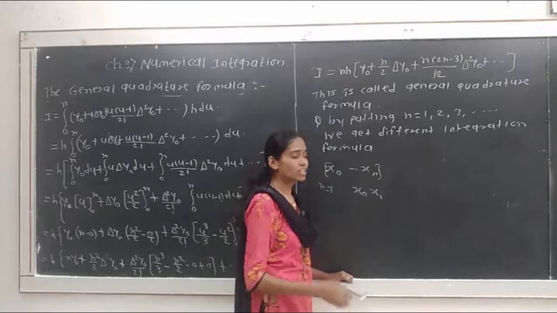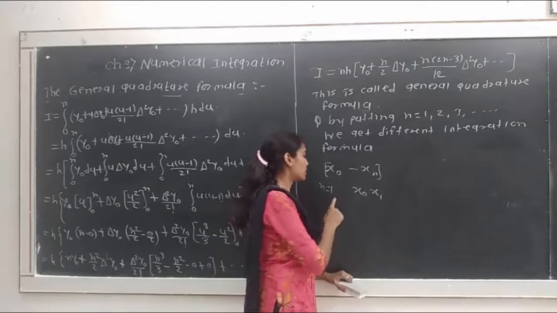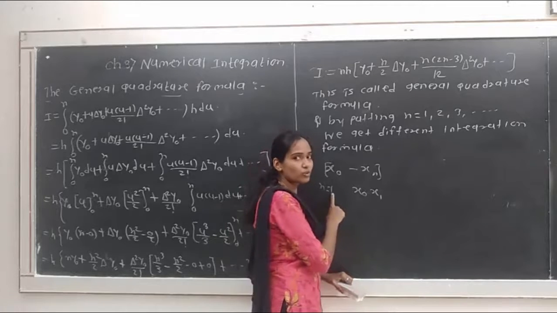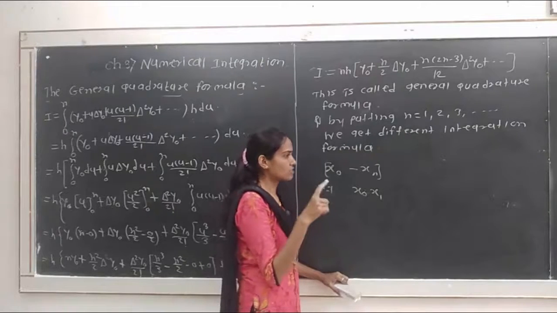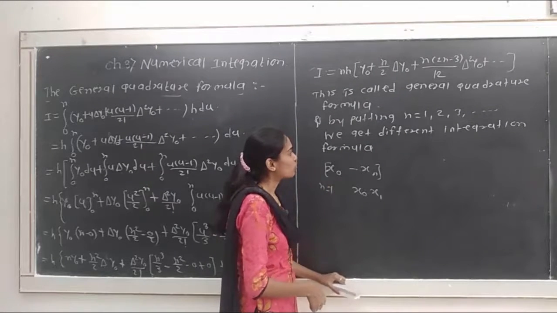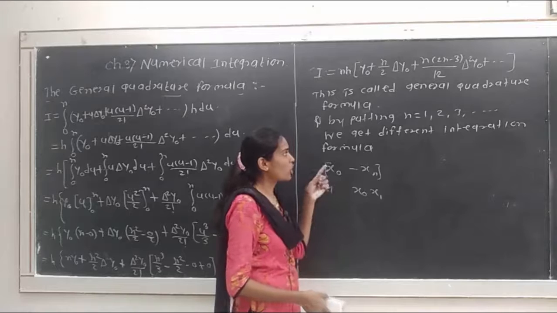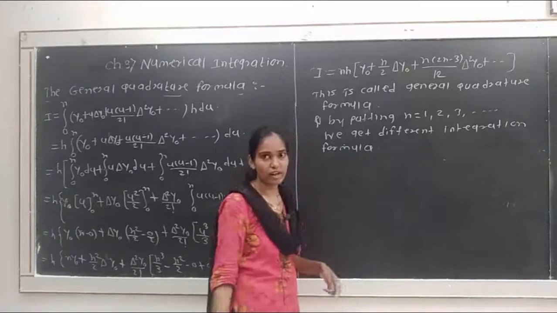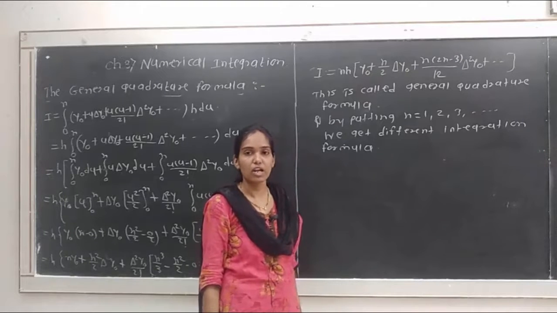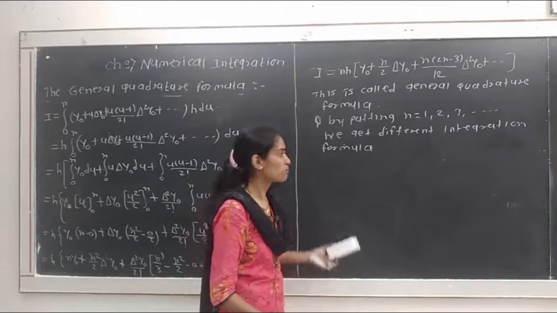That is, we consider intervals of length n is equal to 1, a single strip x0 to x1, x1 to x2 in this way. Then we get the formula, which is called the trapezoidal rule for finding the numerical integration using a set of data points.